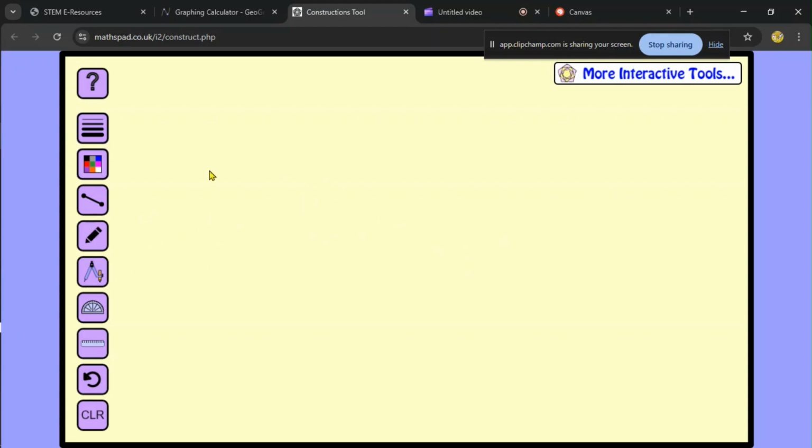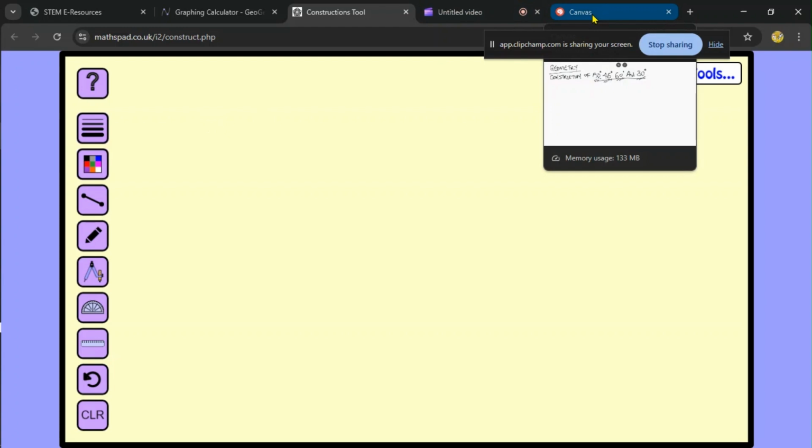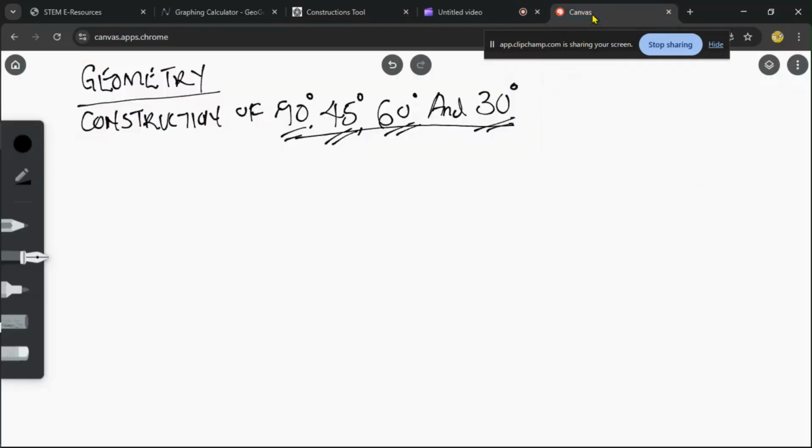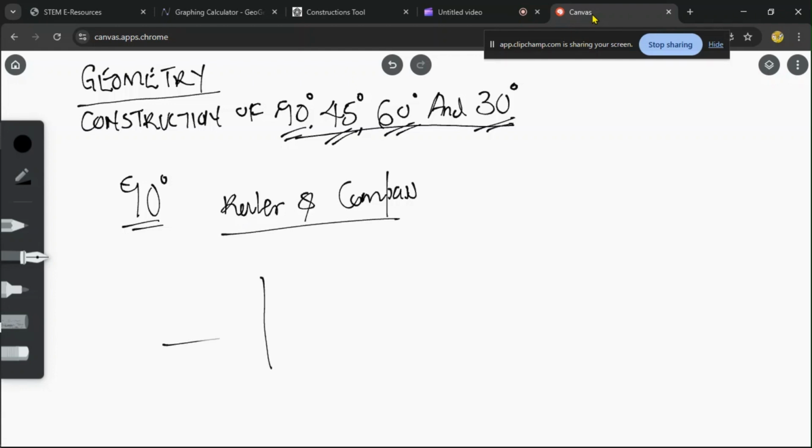Of course, I'll begin with the angle of 90 degrees. So we want to draw an angle of 90 degrees. If we begin with 90 degrees, how do you use just a ruler and a compass without a protractor to construct an angle of 90 degrees?